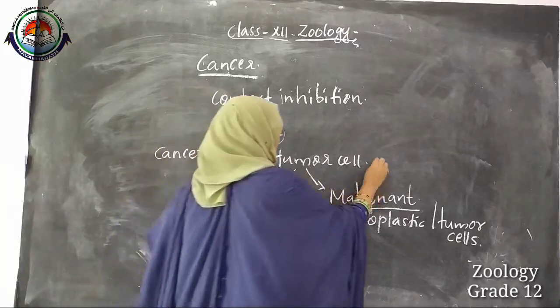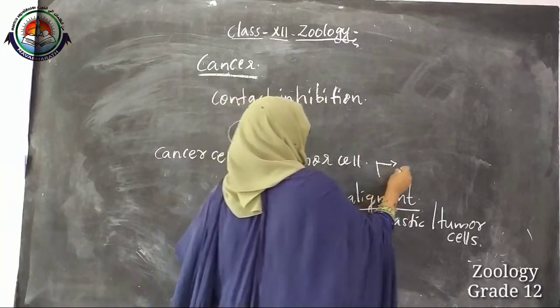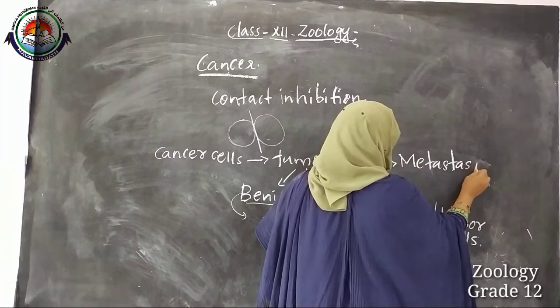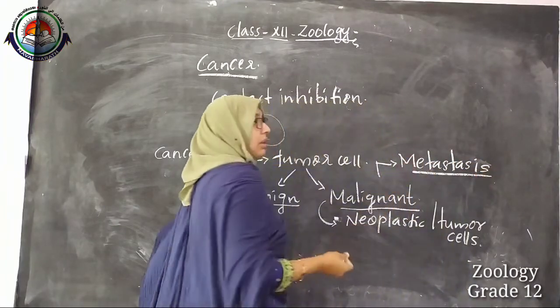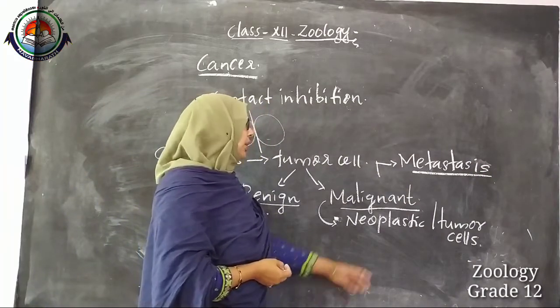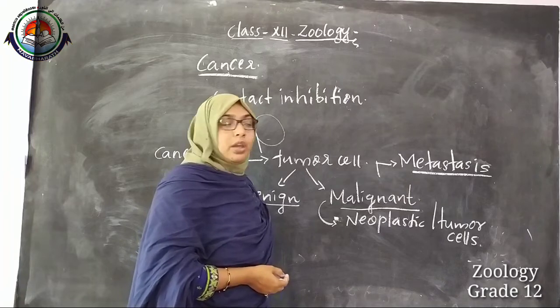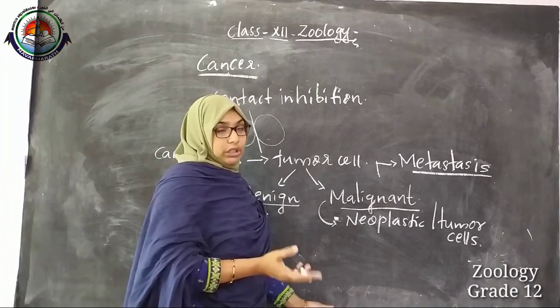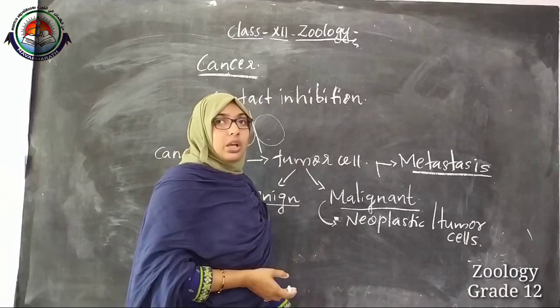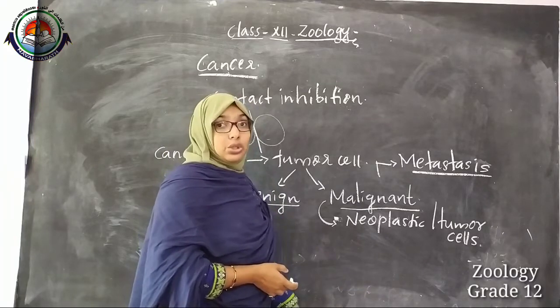This property of malignant tumors, of being transported by blood to different parts of the body and transforming into tumor cells wherever they lodge, is known as metastasis. Metastasis is one of the most feared properties of malignant tumors. When a malignant tumor goes unnoticed or is left untreated, it would lead to death.